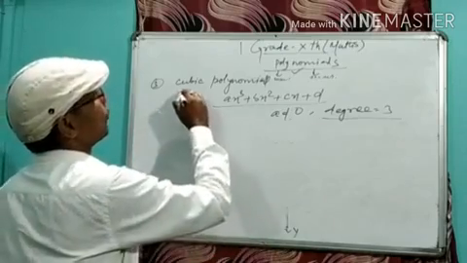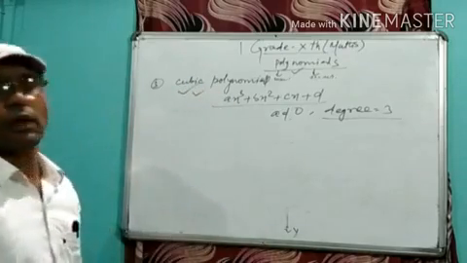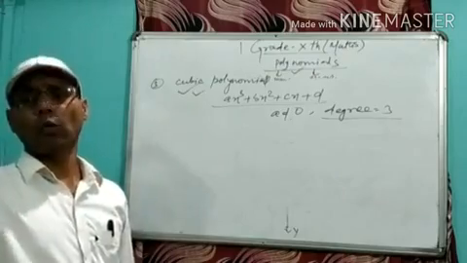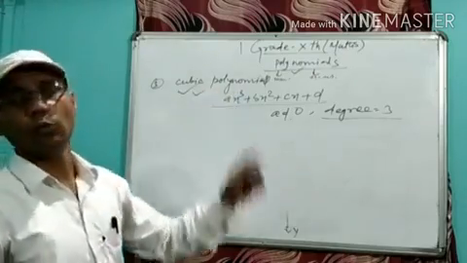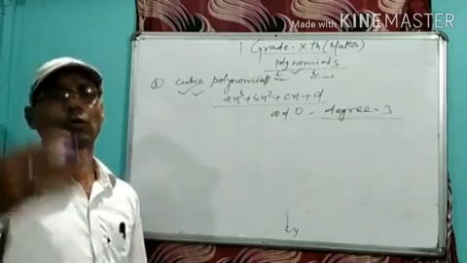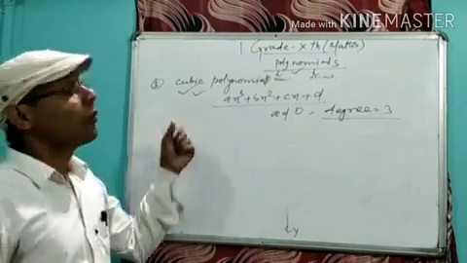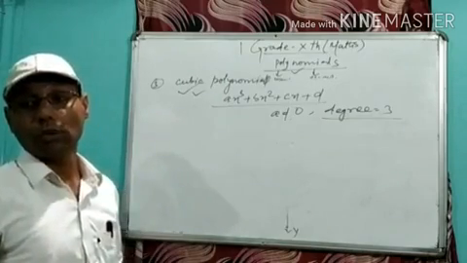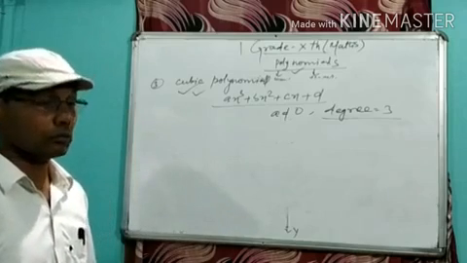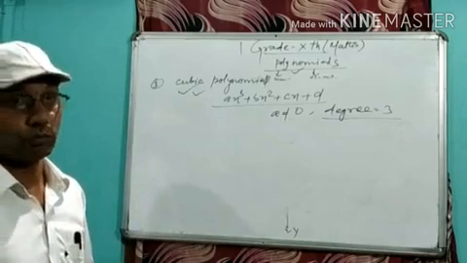Okay, this is the cubic polynomial. Later, the biquadratic polynomial has degree 4. I will not go there, but I want to show you a relation between the coefficient and its zeros.